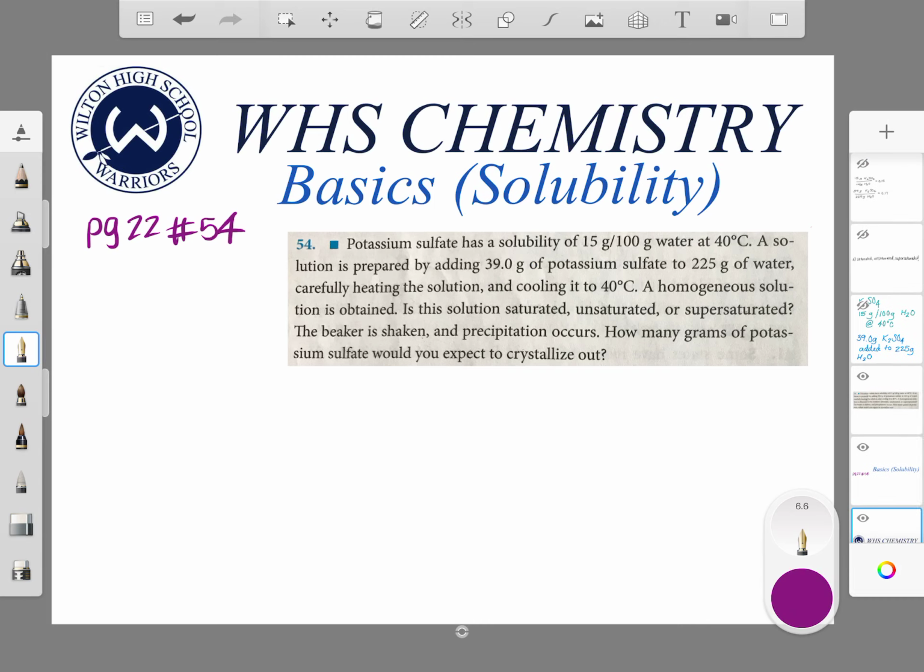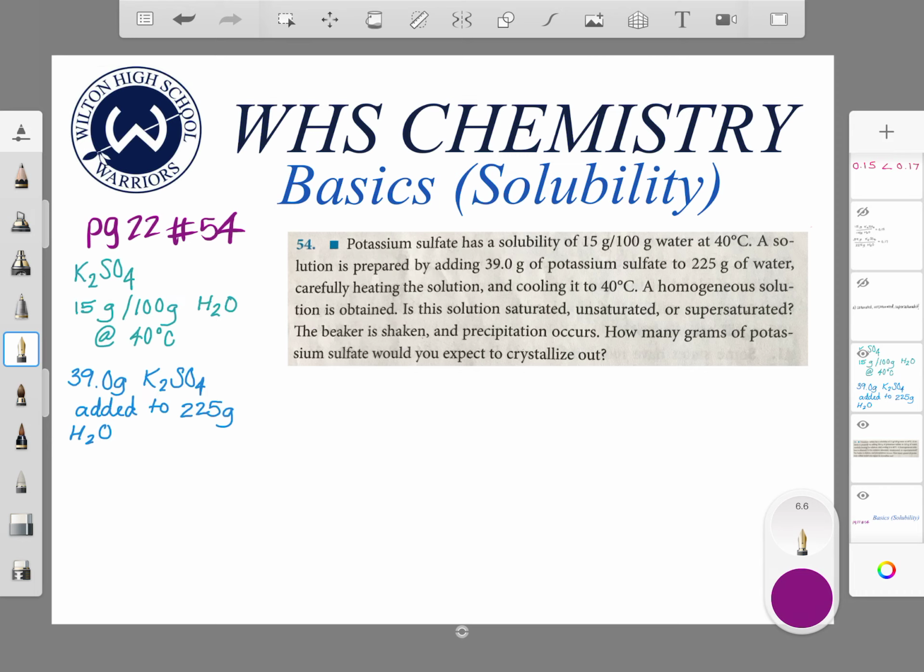So, the first thing to do with this problem is to write out the givens that they give you, because it's a pretty big paragraph and this helps you organize what you have to do. So, first I would write out that there is 15 grams of K2SO4 per 100 grams of H2O at 40 degrees Celsius, because that's your standard ratio in the problem, and that's the solubility, and that's given to you in the first sentence of the problem.